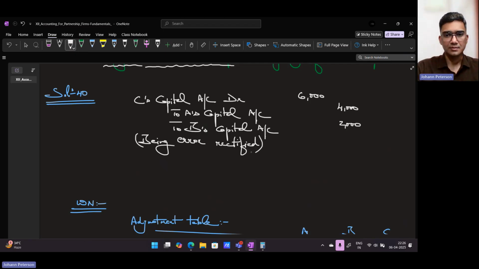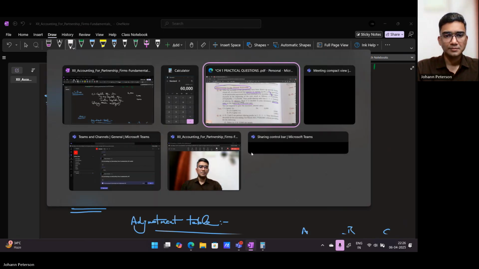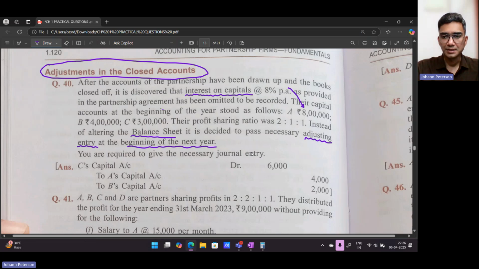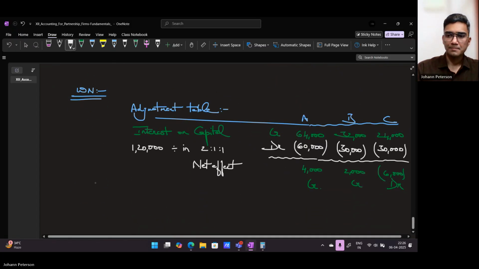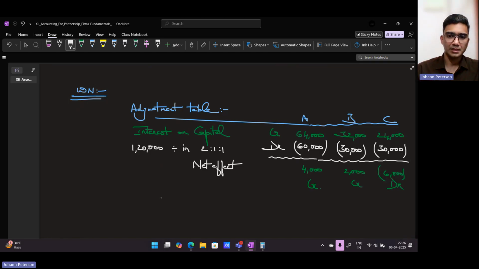So let's see if this is the answer. C's capital account, debit 6,000, to A's capital 4,000, and to B's capital 2,000. This is our answer. But let's understand what is happening at the back of all this.